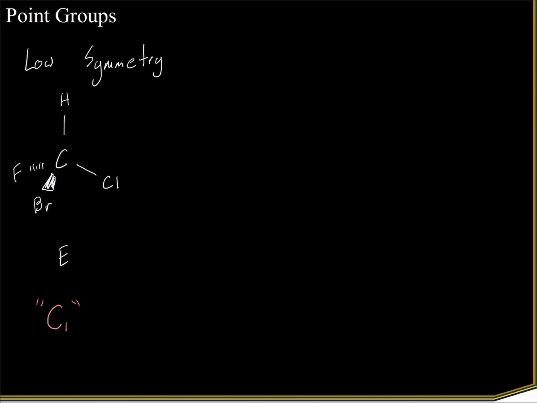Another example of a low symmetry point group would be something where we maybe have one more symmetry element, or symmetry operation, that we can perform. So for this particular alkene, there's the identity, but there's also a mirror plane. Because the principal rotation axis is a C1, I can point that in any direction.